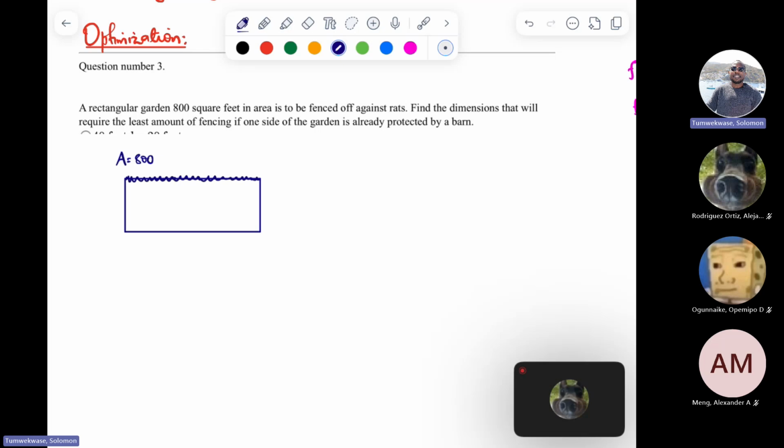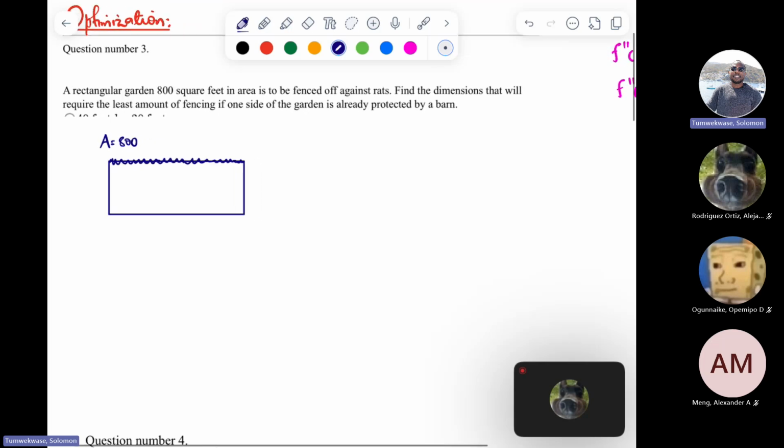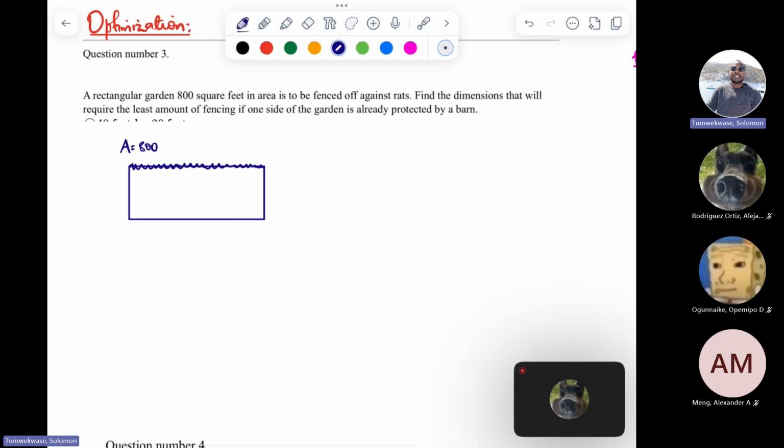Okay. This is a rectangle, so it has, of course, length and width.